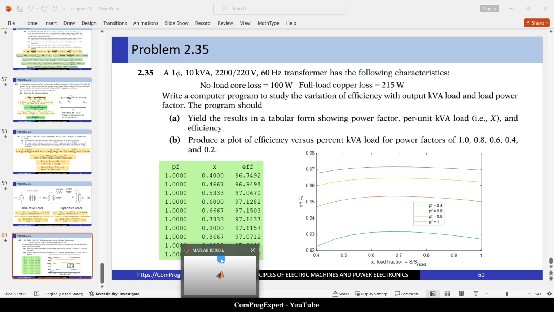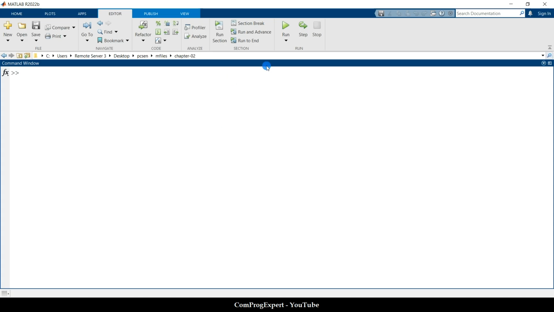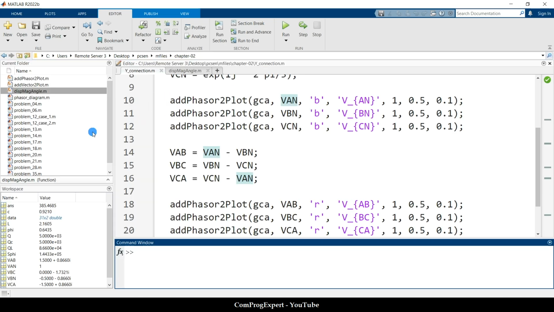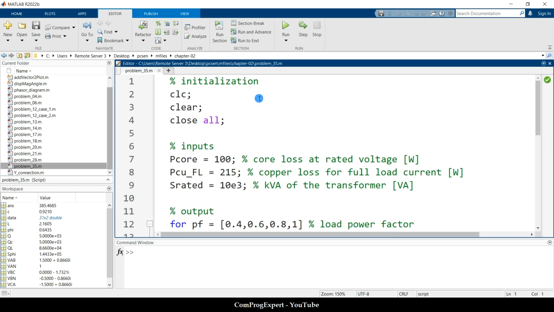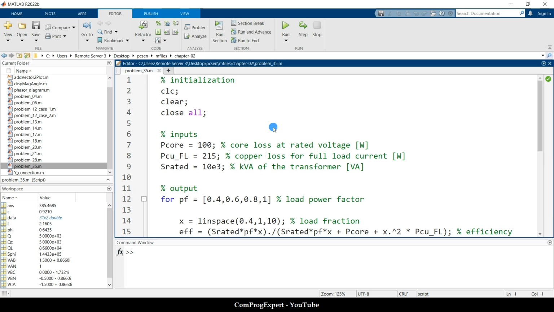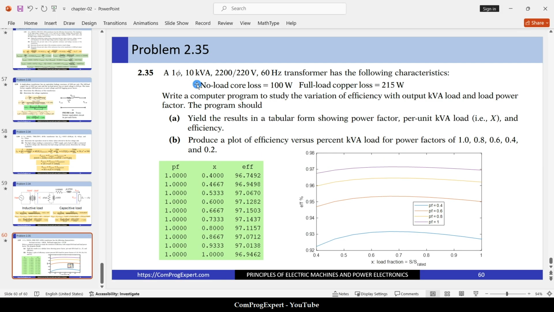So here, let's check the code for problem 35. The value of the core loss is given here, 100, and the value of the full load copper loss is 215.